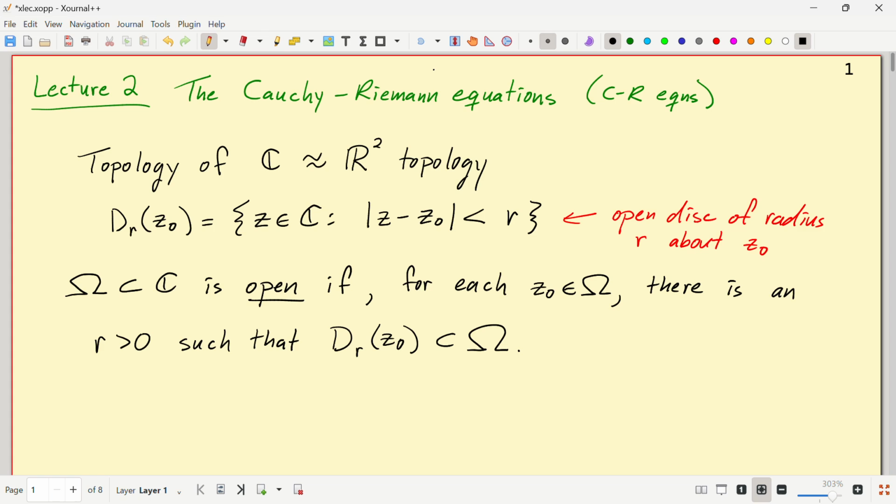Okay, and so if I'm going to do calculus on the complex numbers, step 1 is to define what I mean by a limit. And it's a very straightforward, easy one.